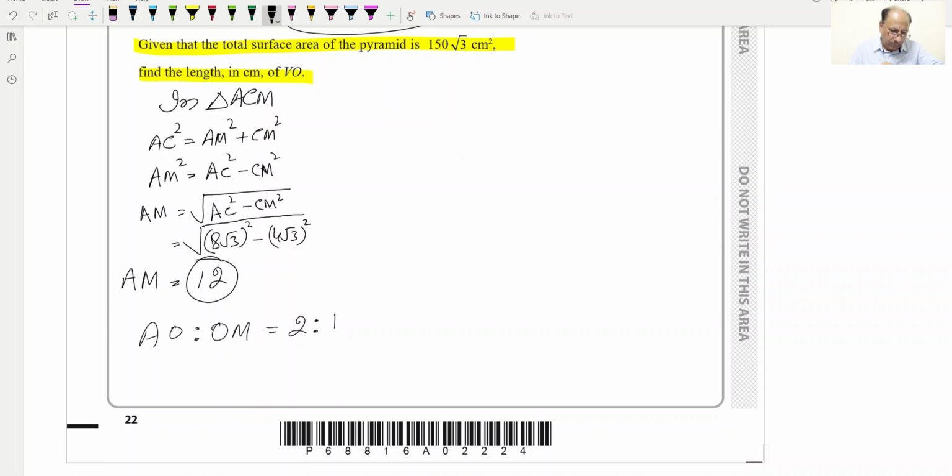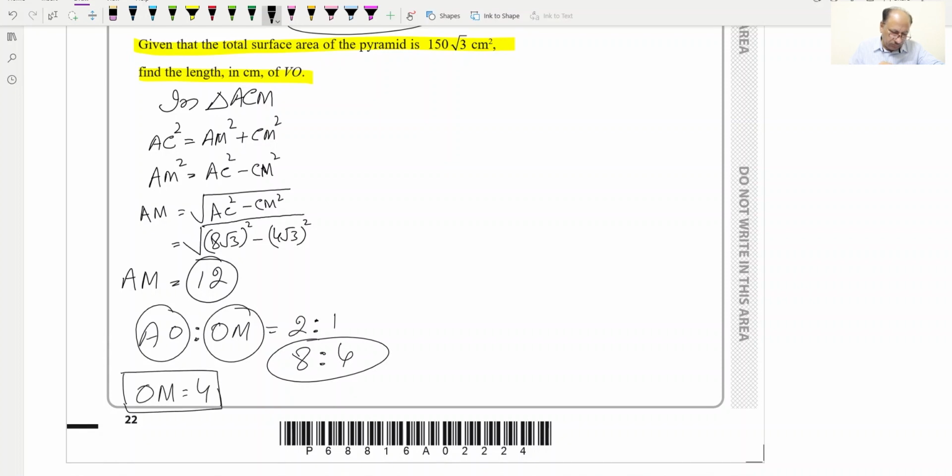So OM will be 1 part and AO will be 2 parts. If we divide 12, it will be 8:4. So OM will be equal to 4. Hopefully you understood how we arrived at OM is equal to 4.